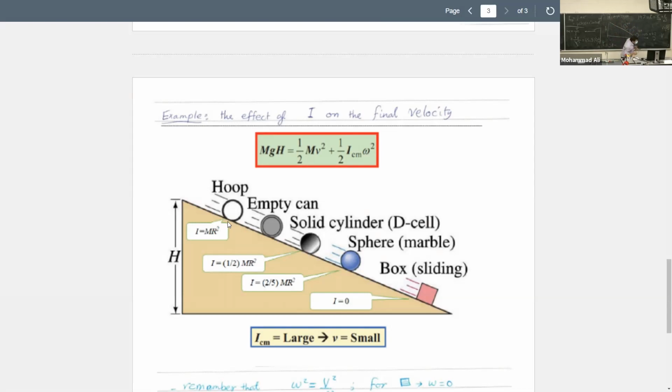For the next one, the empty can, maybe it is 64, its kinetic energy linearly. And the hoop, the last one, maybe it is 50 joules, its kinetic energy linearly.